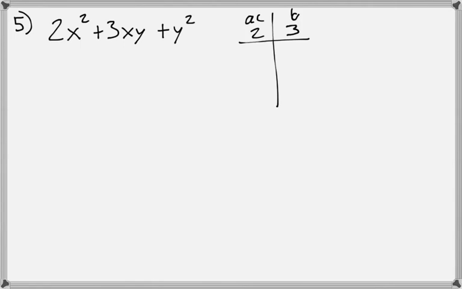So I need to find two numbers that multiply together to give me 2, but add together to give me 3. And that'll be 2 and 1. So 2 and 1 multiply to be 2, but add to be 3. And what that tells me is how to break up my middle term.